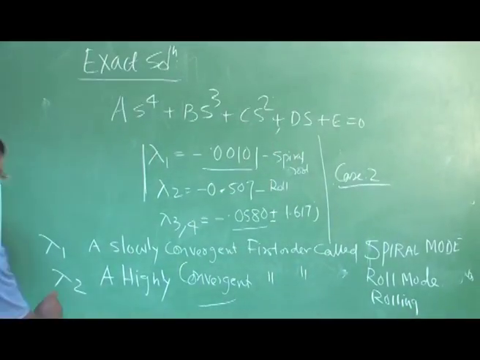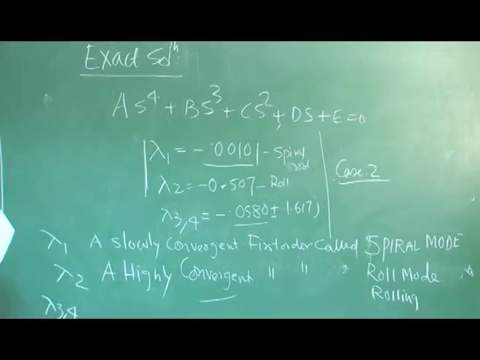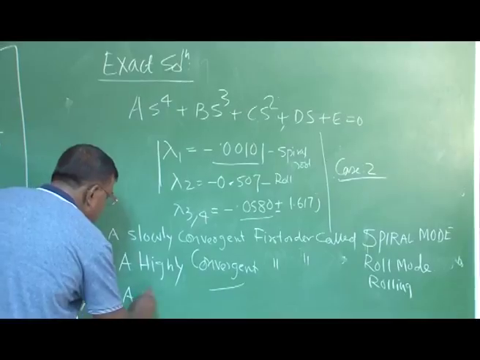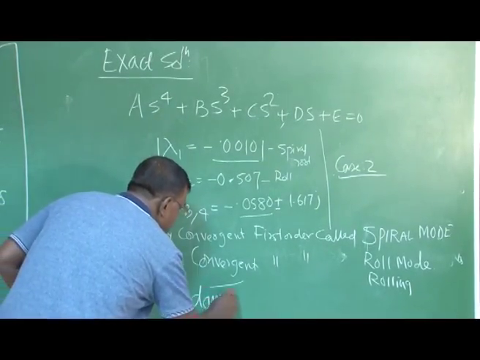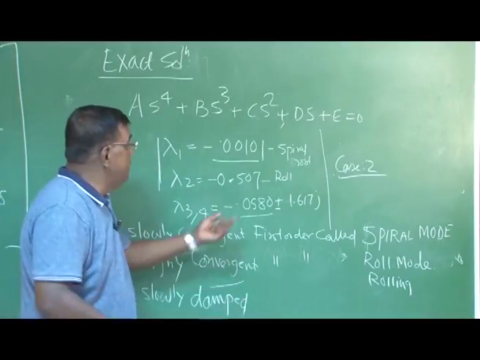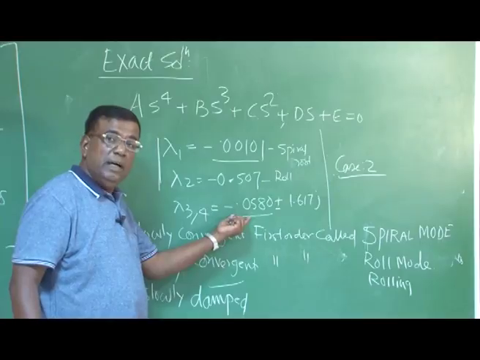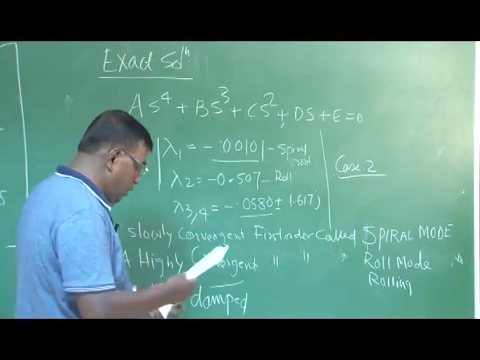And the third and fourth, this pair, is slowly damped. Why slowly damped? First of all, why damped? Because the real part is negative. Slowly because the magnitude is very less. Slowly damped.